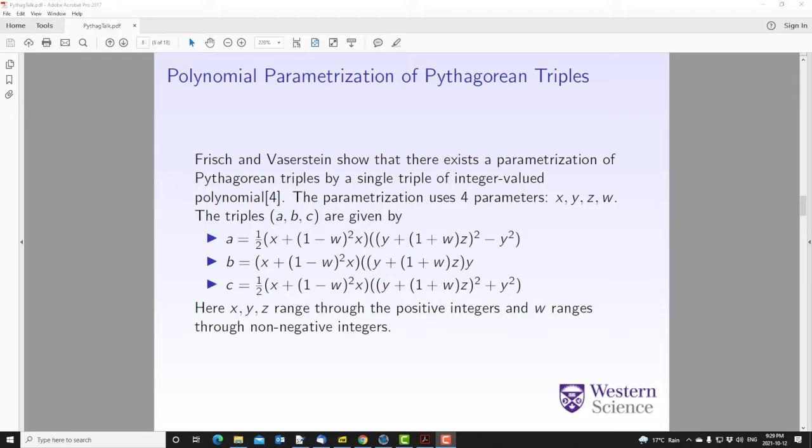Does there exist a single method based on a polynomial parameterization that would get not only 3, 4, 5, but also 4, 3, 5? And the answer to that is yes. Here is their polynomial parameterization of all possible Pythagorean triples, whether starting with an even number or an odd number.